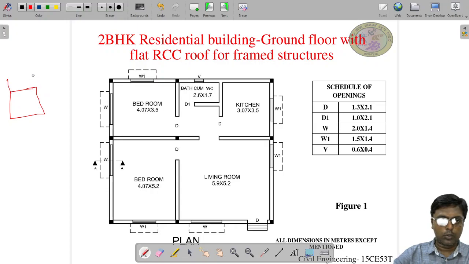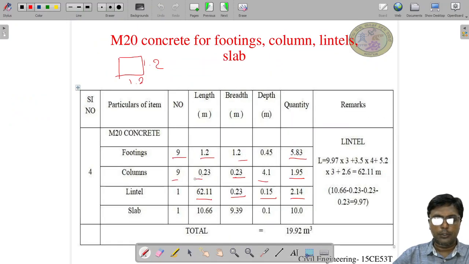I will take the out to out distance, which is 10.66, into 9.39, which is simply length into breadth. Multiplied by the depth, this will give us the volume in meter cube. So the total quantity of M20 concrete required is 19.92 meter cube.